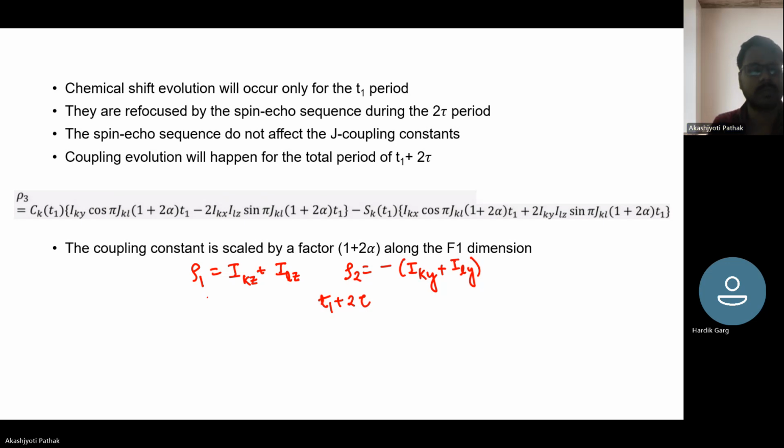Now, after I get this expression of rho 2, following the chemical shift evolution, what will I get?